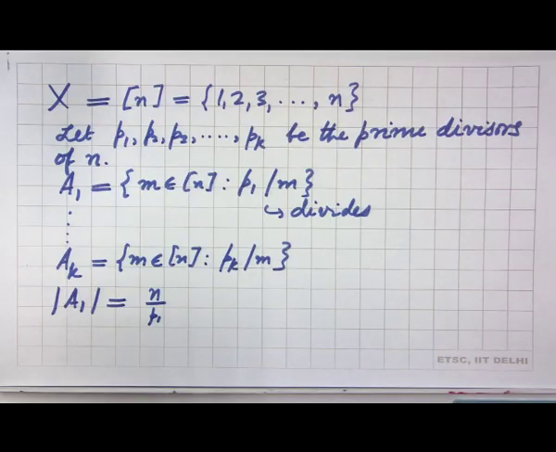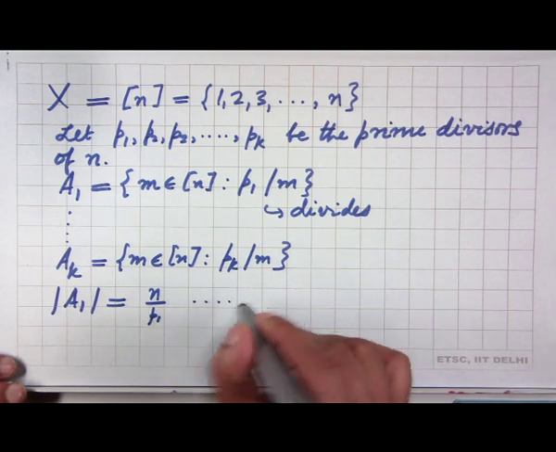So it's 1 times 2, 2 times 2, all the way till n by 2 times 2, 10 by 2 times 2. So in short, the number of multiples of p1 up to n will be n by p1 times p1 up to there, and therefore the size of the set A1 will be n by p1.